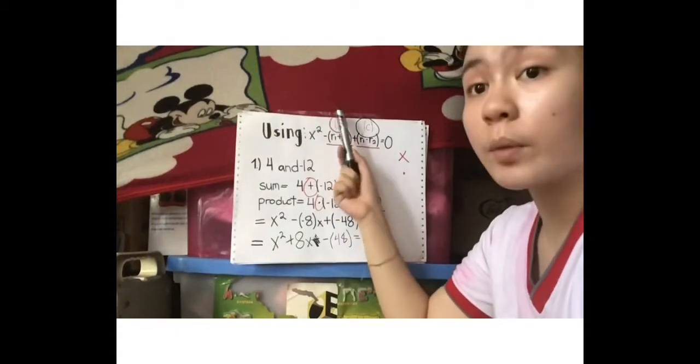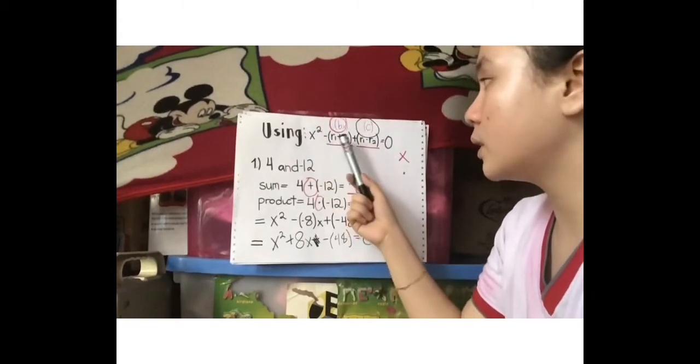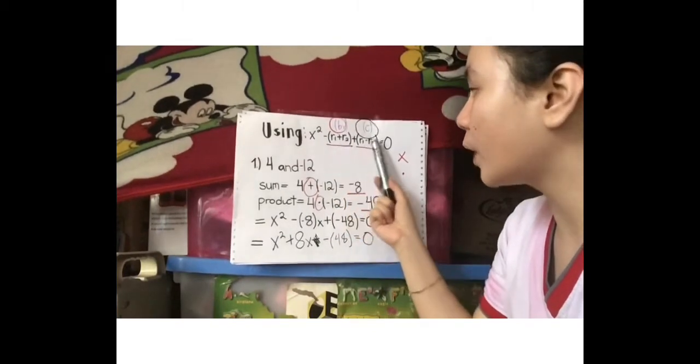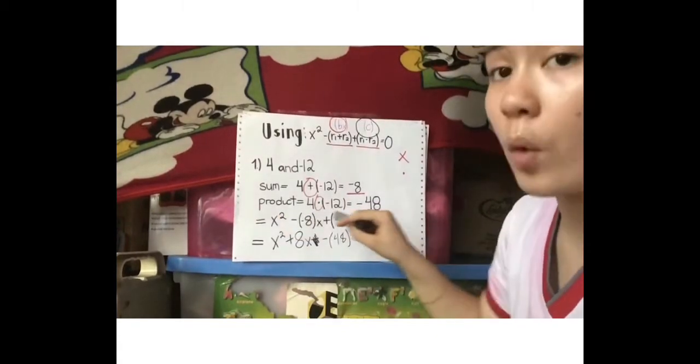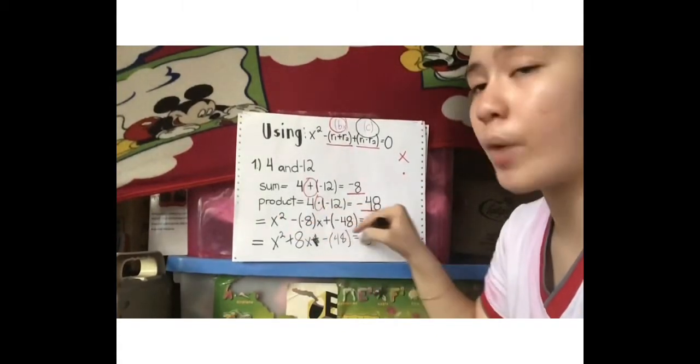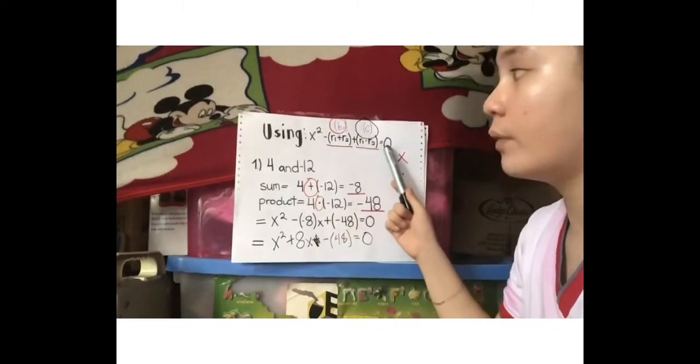The whole formula that you'll be using is this now. Aside from using this sum and product, you will now be evaluating the whole quadratic equation, which is here, this formula right here.